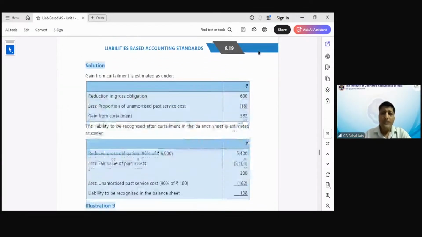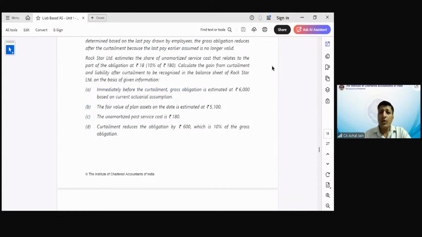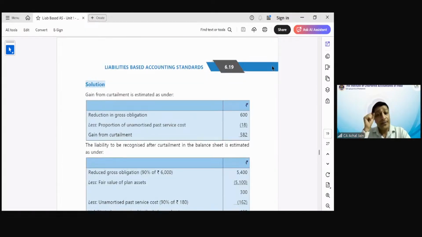Now, in this case, the question has specified there is a reduction in gross obligation. What is that? 600. Correct? Now, this is a reduction in the gross obligation. So initially, when we started off, what was the total gross obligation? Tell me quickly. What was the total gross obligation?